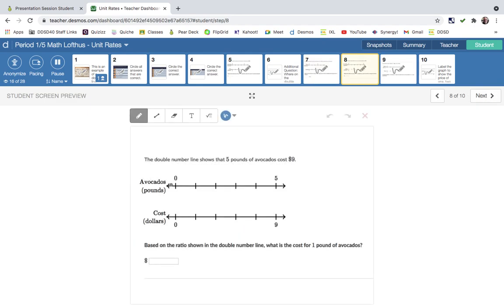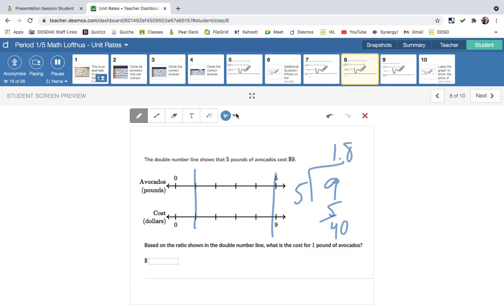The double number line shows 5 pounds of avocados for $9, right there, 5 and 9. And we want 1 pound, so we're going to do 9 divided by 5. And it goes in there once. 0.8.